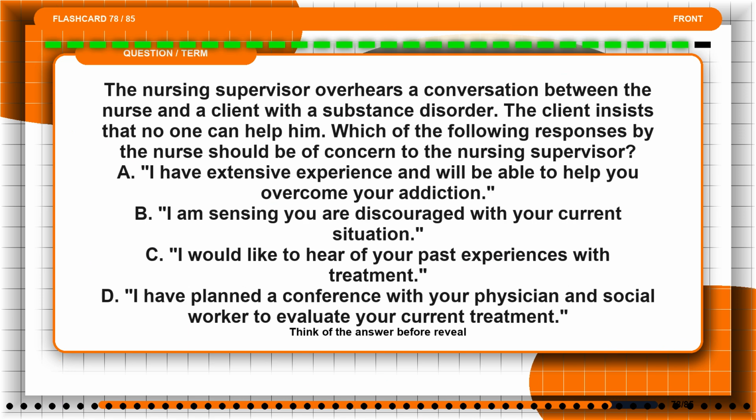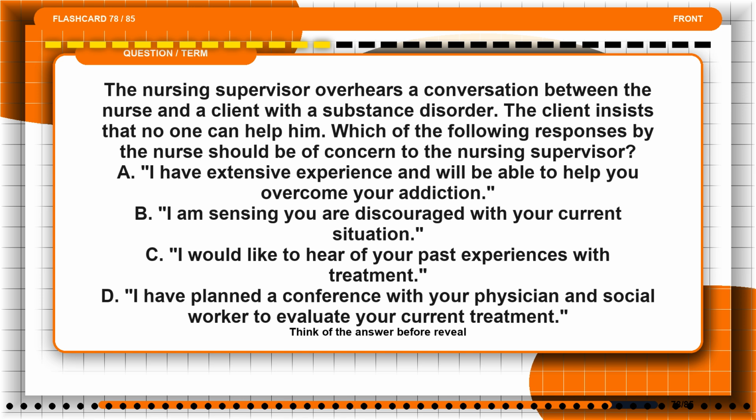Flashcard 78. The nursing supervisor overhears a conversation between the nurse and a client with a substance disorder. The client insists that no one can help him. Which of the following responses by the nurse should be of concern to the nursing supervisor? A. I have extensive experience and will be able to help you overcome your addiction.